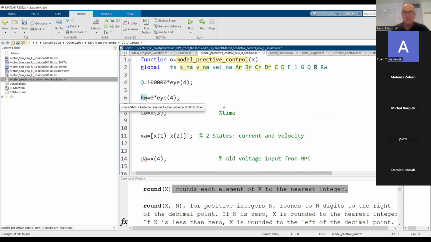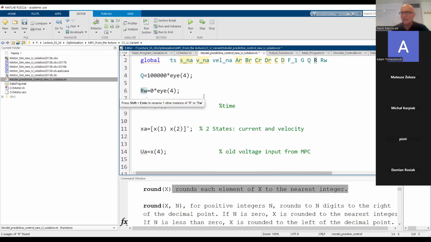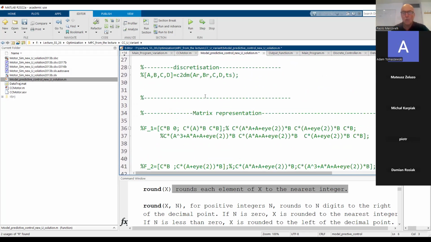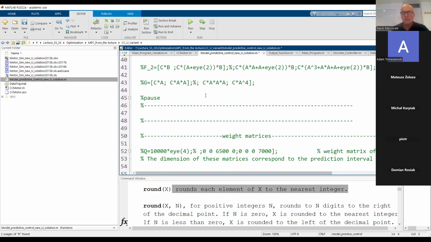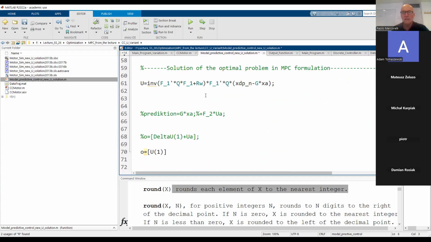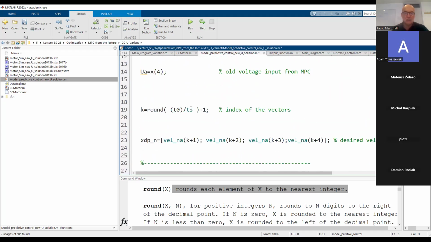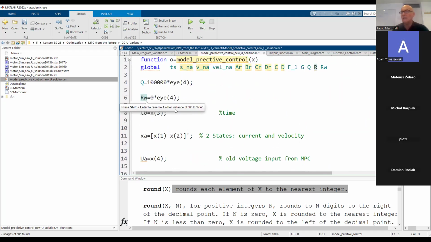Excuse me. Now, okay. To minimize RW and to maximize Q. Now let me restart the simulation again. Now it's correct. It was an error in the notation, because the weight is RW.